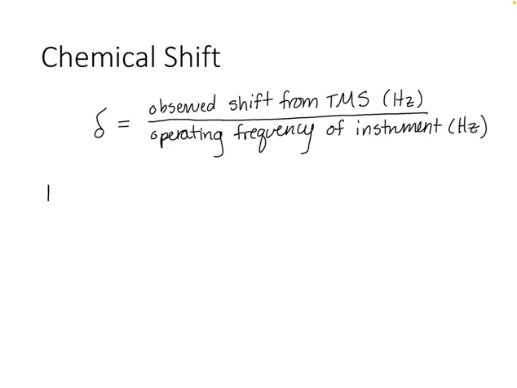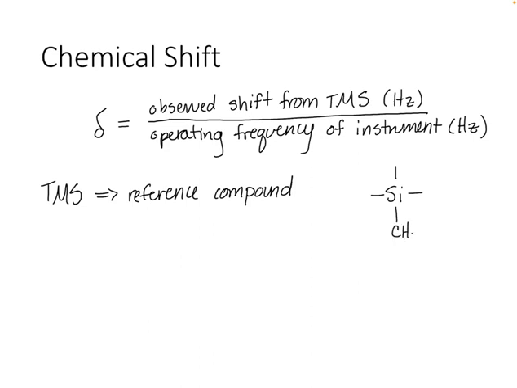So again, TMS is a reference compound. And we kind of calibrate our instrument based on where TMS shows up. So TMS is tetramethylsilane. And it looks like the following. So we have a silicon atom in the middle, and then we have methyl groups surrounding it.